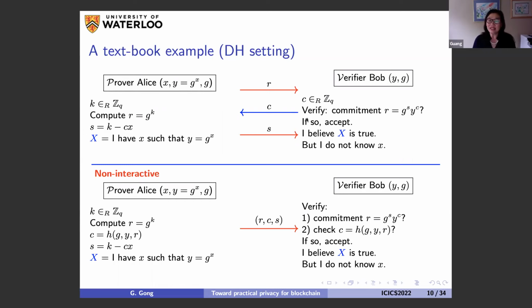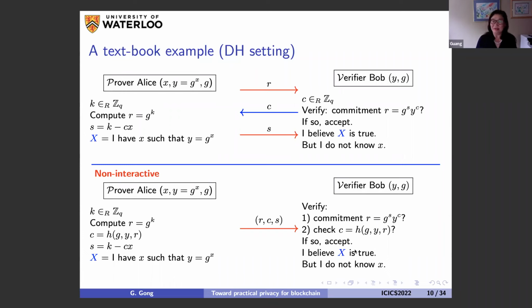This interactive way can be converted to non-interactive. Ines just computes G to the K, and without Bob choosing C, she hashes this to get C. Then she computes S the same way as before, and Bob does the same verification.